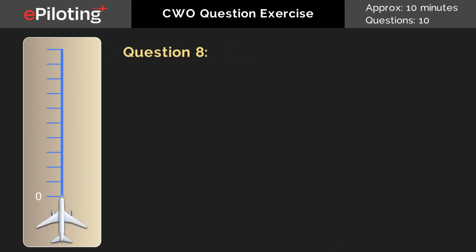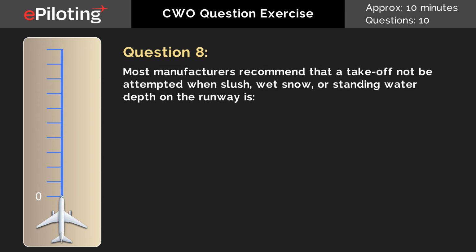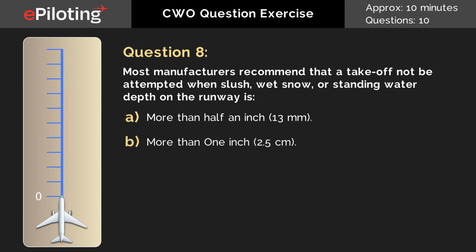Question 8. Most manufacturers recommend that a takeoff not be attempted when slush, wet snow, or standing water depth on the runway is A. More than half an inch, 13 millimeters. B. More than 1 inch, 2.5 centimeters.